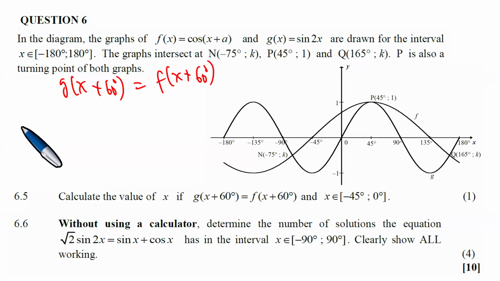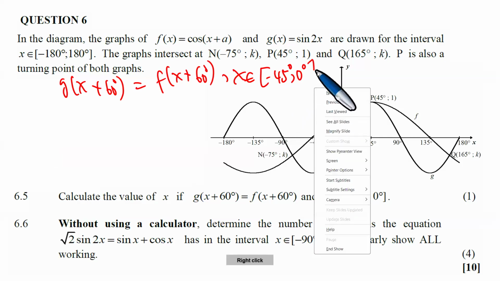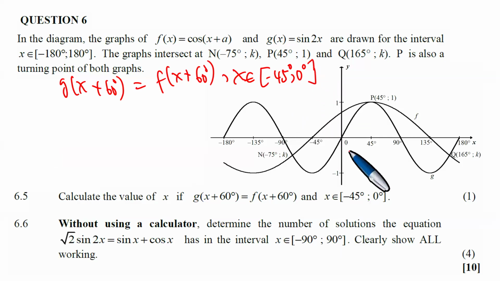But this value of x must be in a given interval. What is the value of x there?